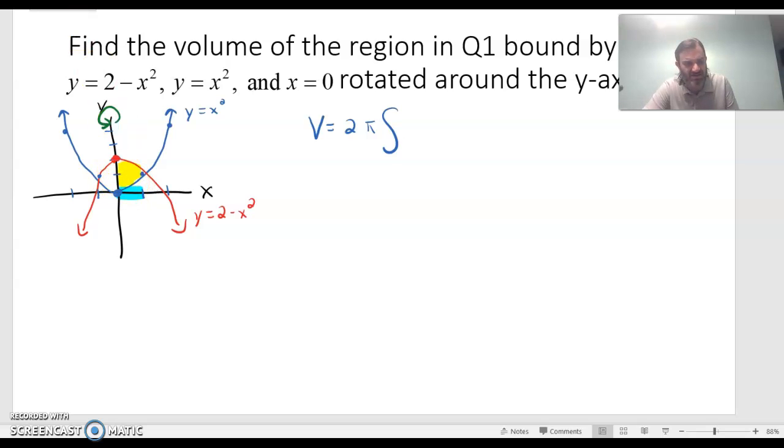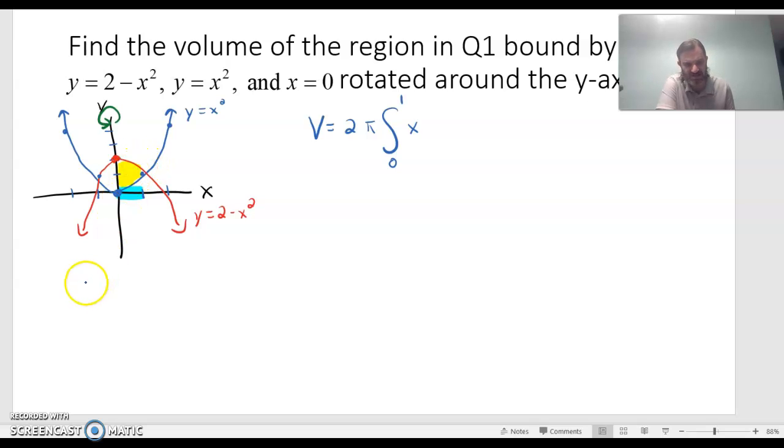And then we need a radius. Coming out from the line of rotation, which was the y-axis, x equals 0, will come out an x amount. And this one's a little bit different than the previous example.